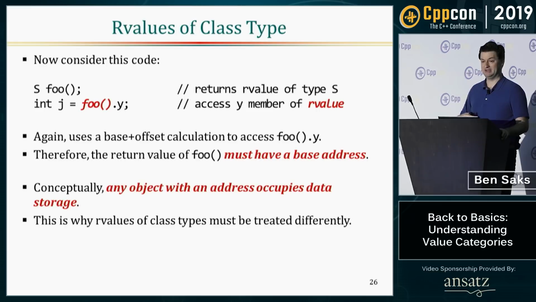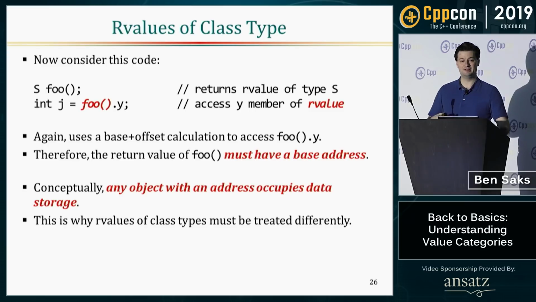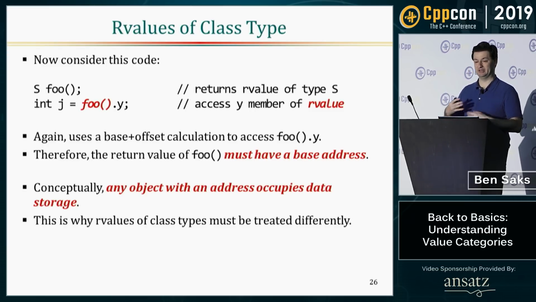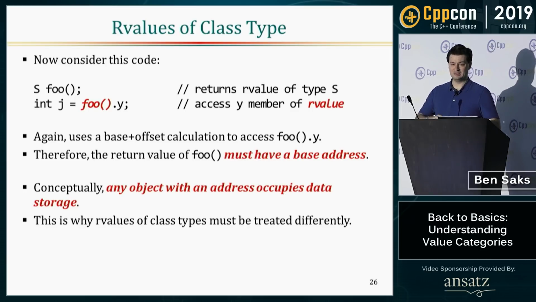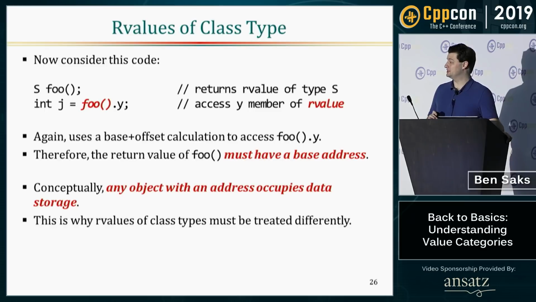When something has a base address, it occupies a location in memory. We think of it as occupying storage. This is why R values of class types need to be treated a little bit differently. We'll refine this picture a little bit as we go on, but this is just the first approximation.